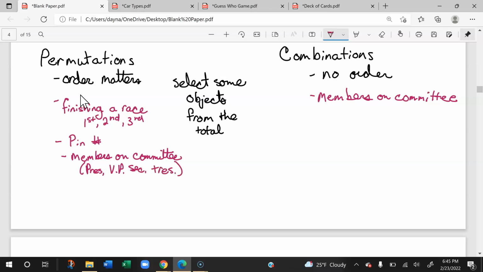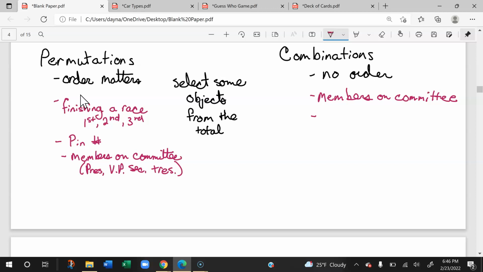If they are given positions like this, then order will matter. So pay attention to, are those committee members given a position? If they are, then order matters. If they are not, then it's no order.